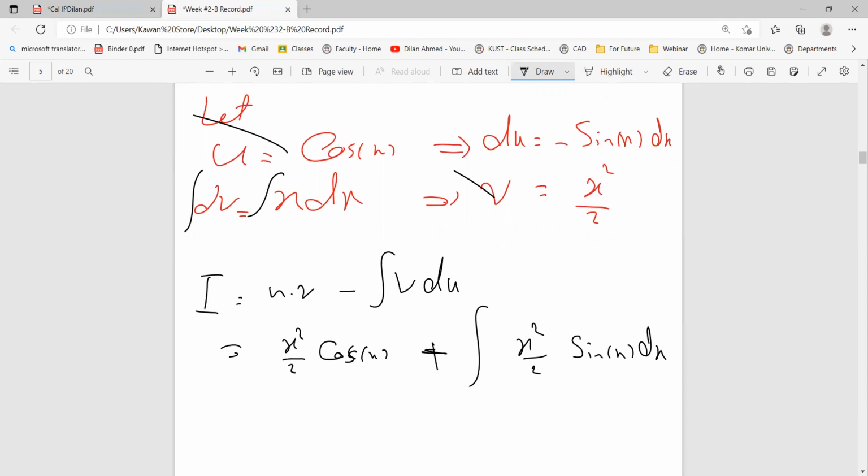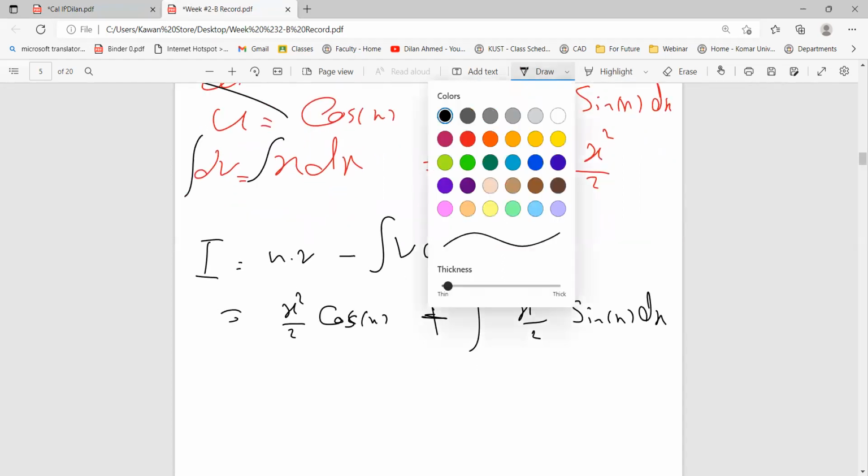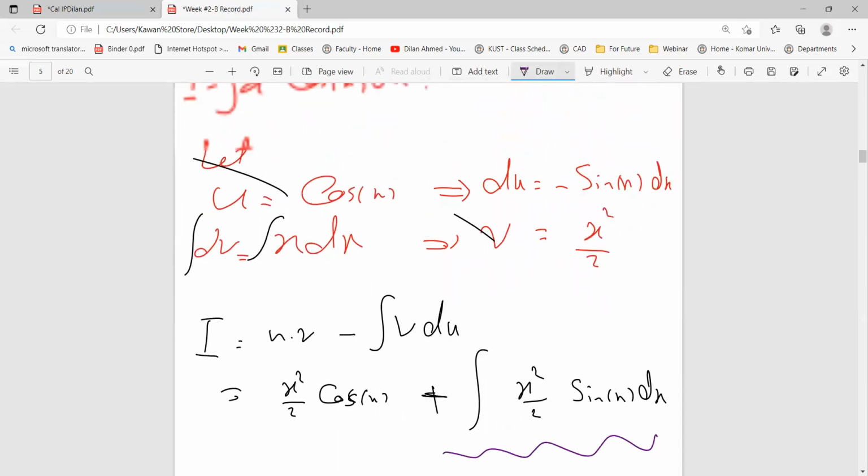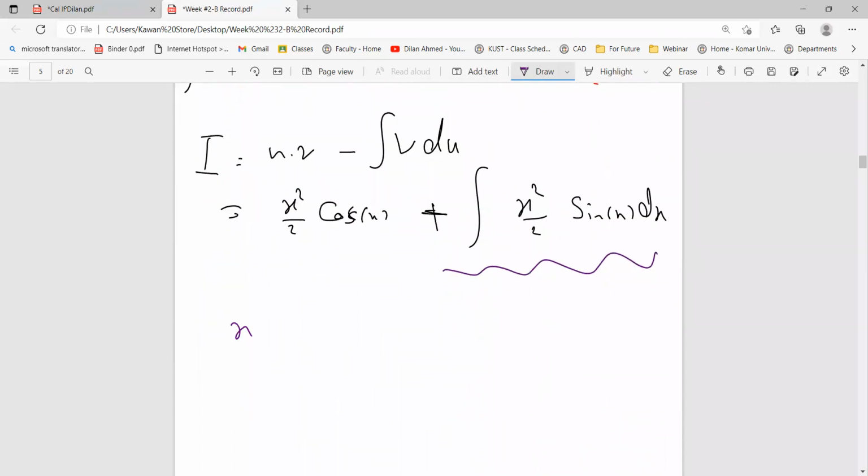Look here. Compare that one with your example, x cosine of x. Compare that one with that one. Easier or harder?